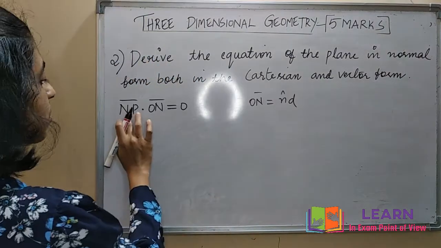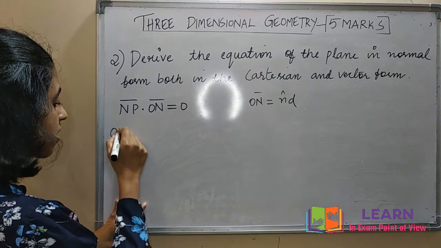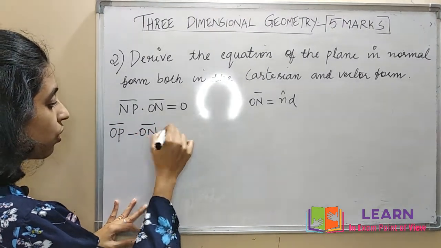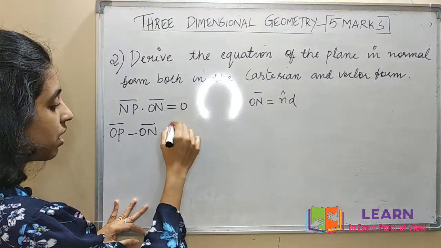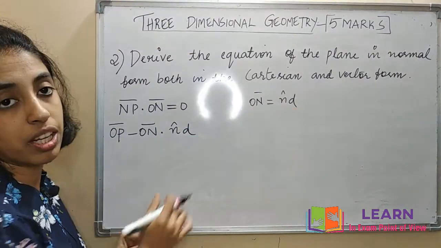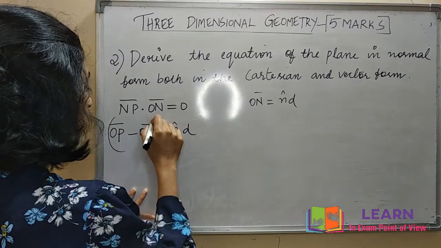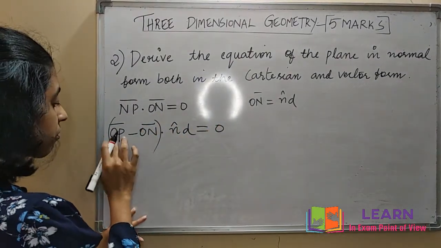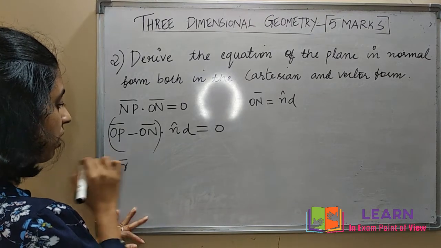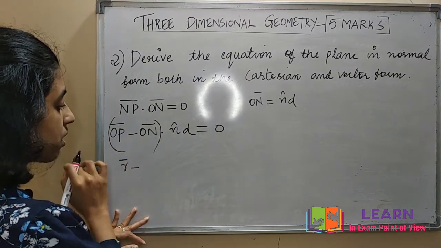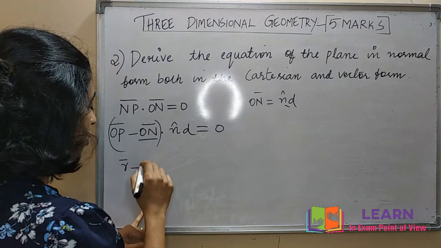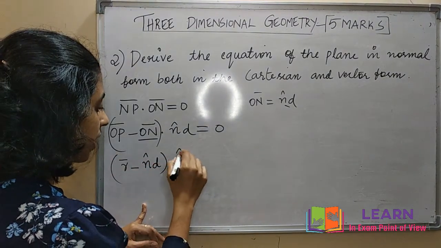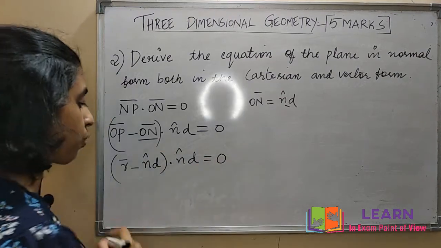Now NP can be substituted as OP minus ON, dot ON, which is n cap into d, equal to 0.